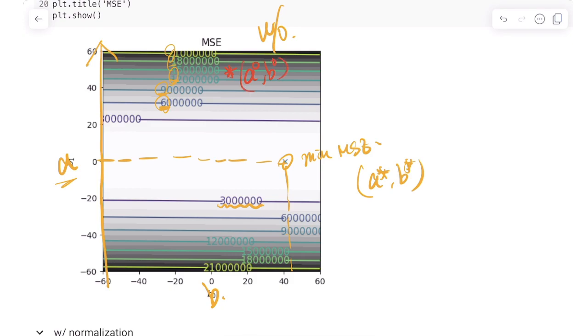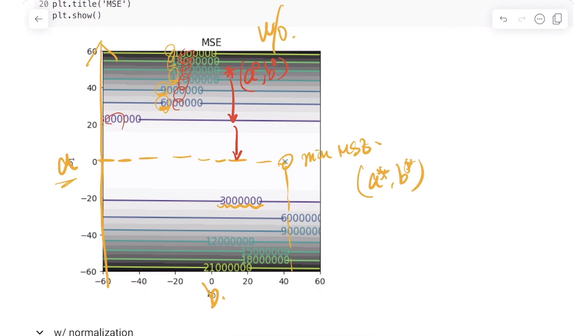And as you can see, in the A direction, those are very large values, so the slope of the A direction will be very large. So for gradient descent, you can simply go to the bottom of this basin in the A direction very quickly, because the slope is very large.